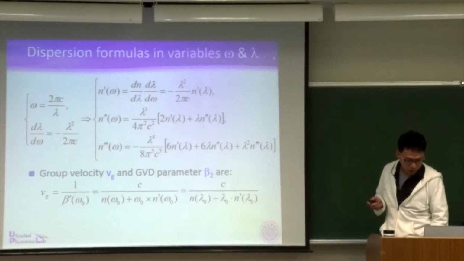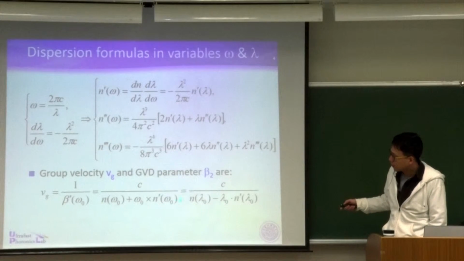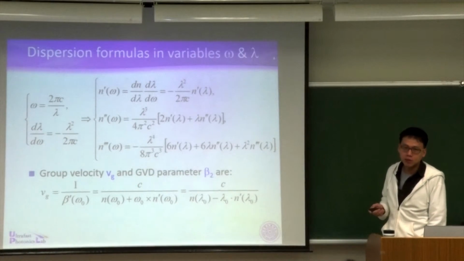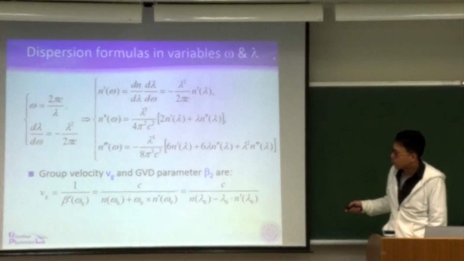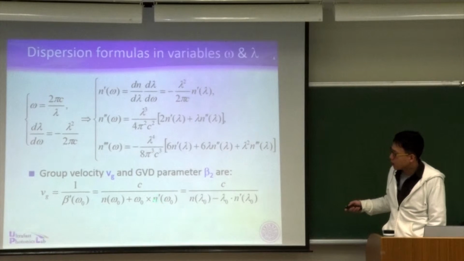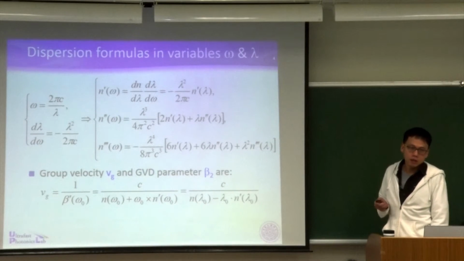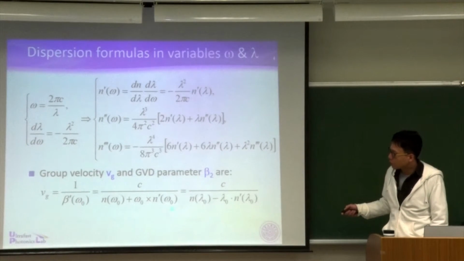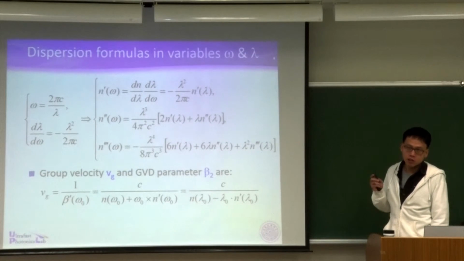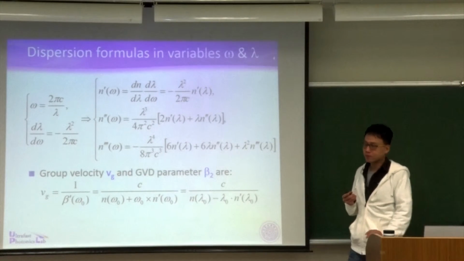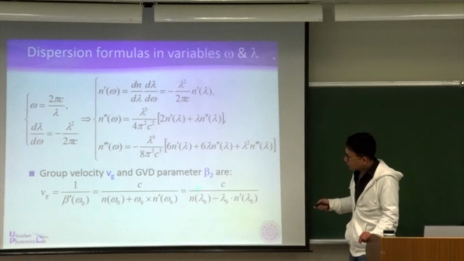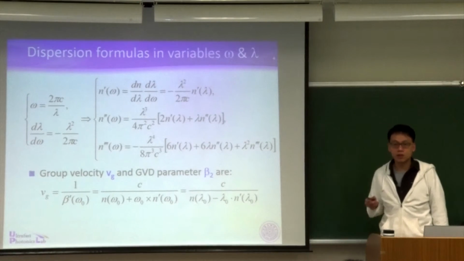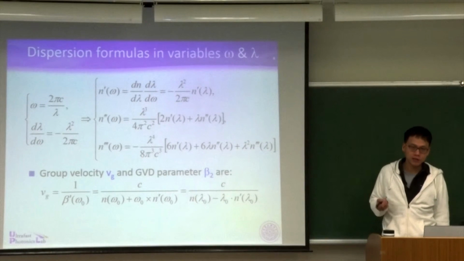If you do that, you get this: c, the light speed in vacuum, over n of omega 0 plus omega 0 times n prime of omega 0. This is the formula of group velocity in terms of angular frequency. But you can also use this relation such that you get this one. This is the group velocity formula in terms of variable wavelength, lambda.